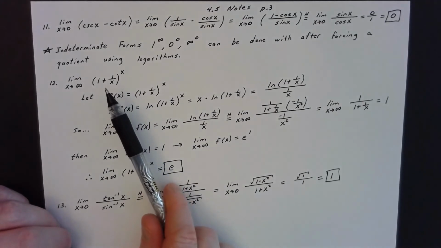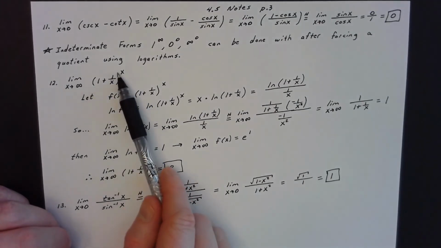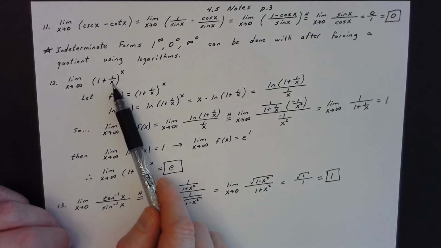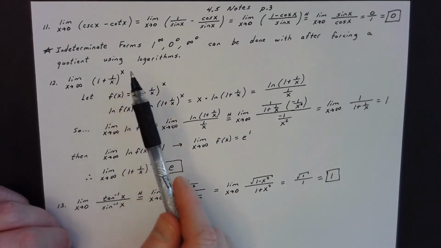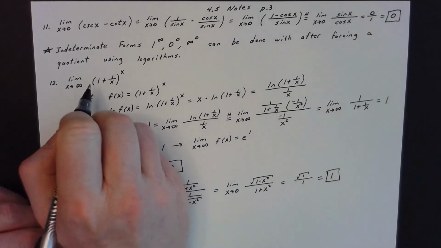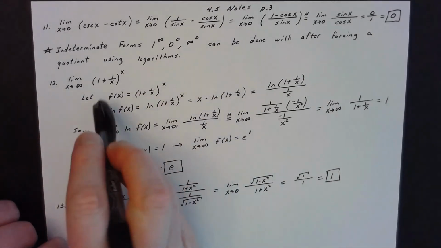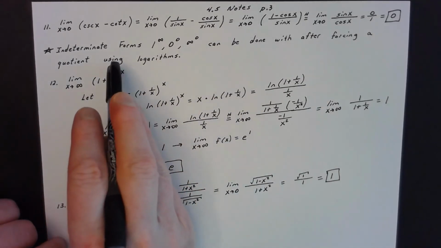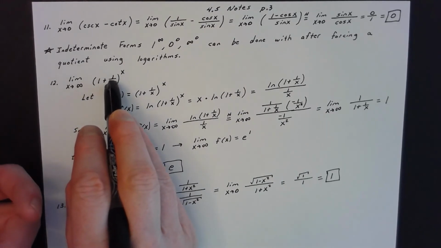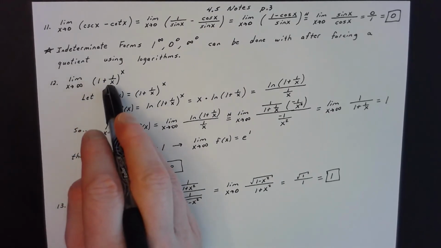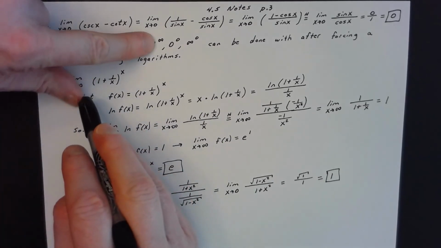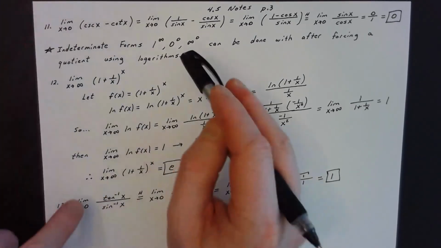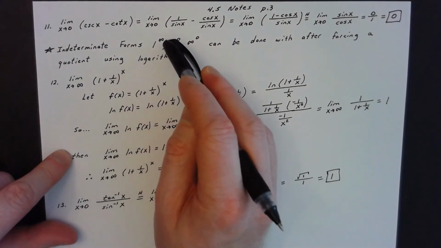We have the limit of the exponential base 1 plus 1 over x, and then that's raised to the x power. So if I'm thinking about what happens as x approaches infinity, notice this is going to become 1 plus 1 over infinity. So in other words, it's 1 plus a number approaching 0. So your exponential base is a number approaching 1. But then your exponent is certainly approaching infinity.